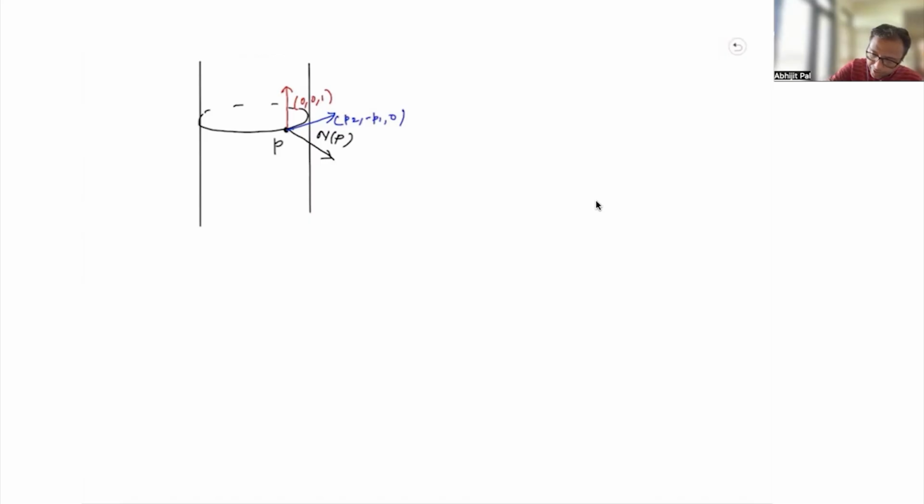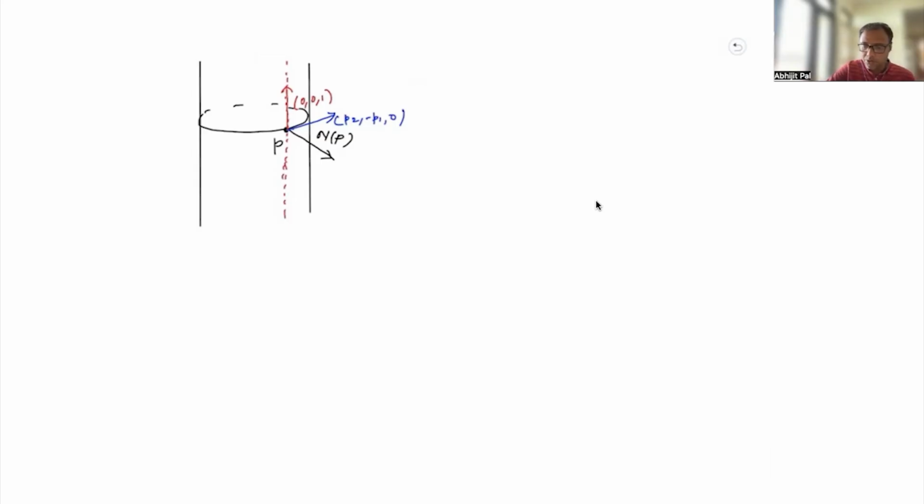Now if I take this vertical line passing through the point P, it is just a straight vertical line. So this doesn't have any bending towards the normal or away from the normal.